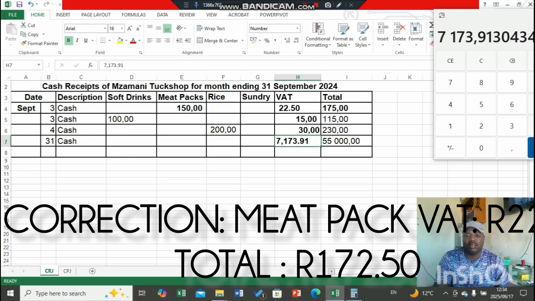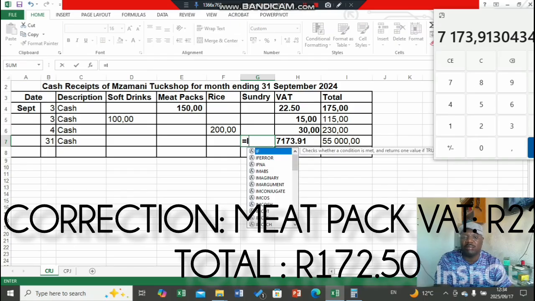Why am I writing like that? 7,173.91, just to be consistent. And then let me say the price. I'm working backwards because here I'm using a different approach, an assumption for the whole month. You can subtract with a calculator.